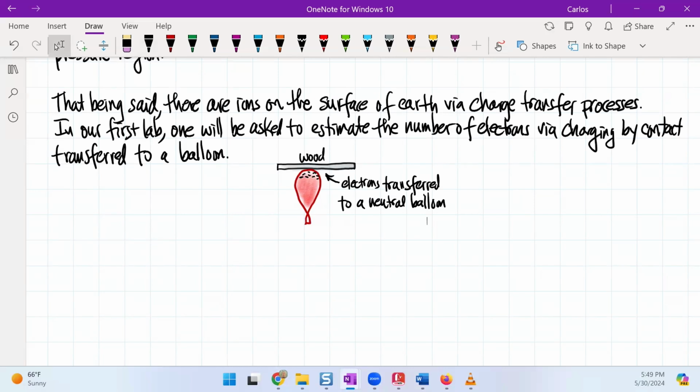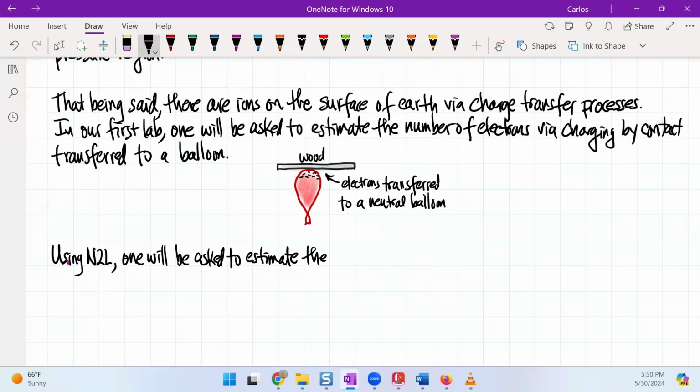Using Newton's second law, one will be asked to estimate the number of electrons by setting the net force equal to 0, where this now is going to be the force of gravity minus the electric force between these two.